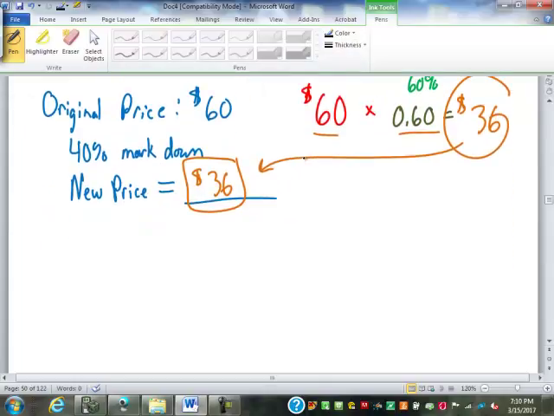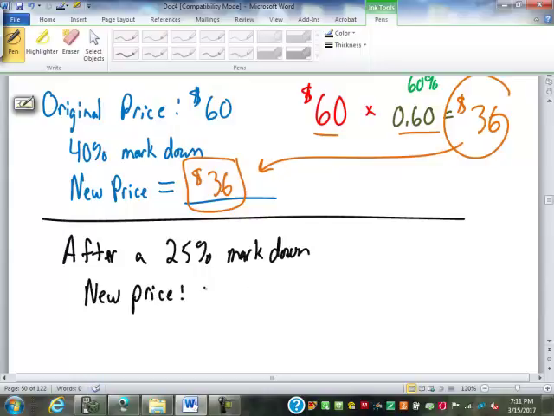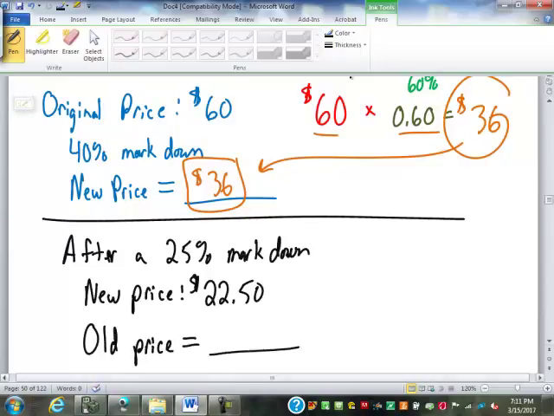The only time that markdowns become tricky at all, well, there's a couple of cases, I should say. Let's say that after a 25% markdown, the new price is $22.50. The old price had to be what? When we had the markdown, we took the old price times the complement of the discount.